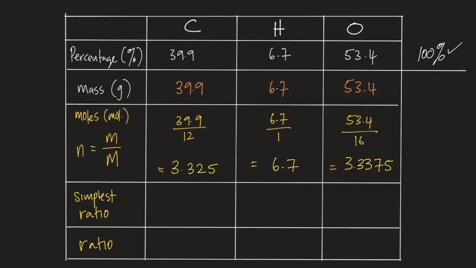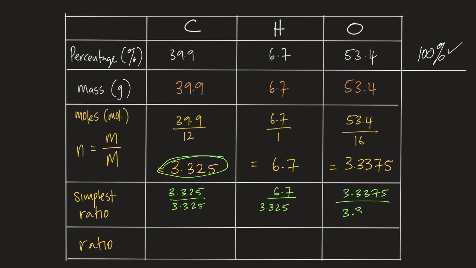All right, once you've sorted that out, you have to identify your simplest ratio, and look at the decimals. It's both 3.3, but we're going to use the smallest ratio. So we've got 3.325 divided by 3.325, 6.7 divided by 3.325, and 3.3375 divided by 3.325.